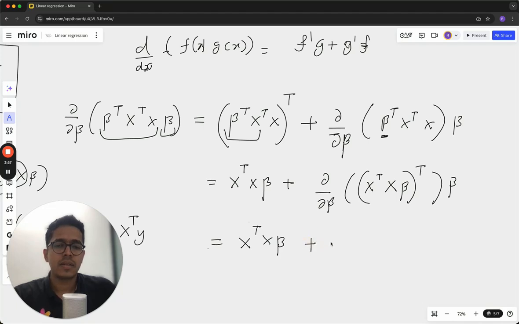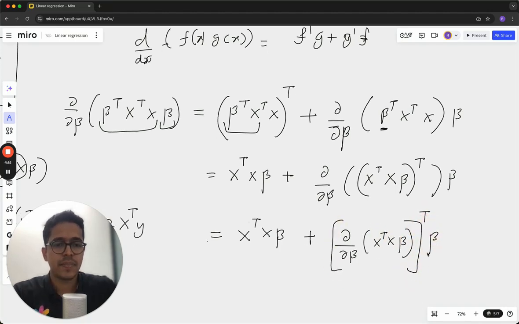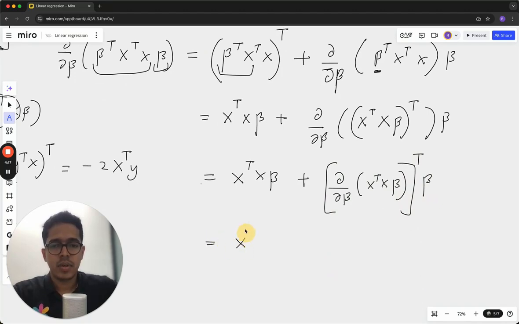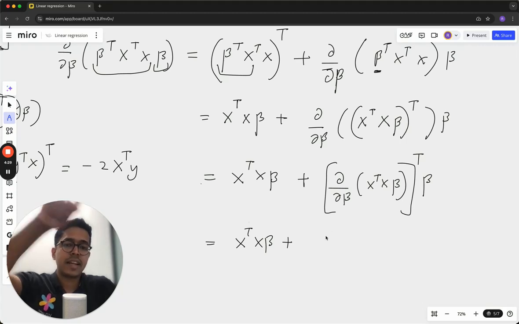plus dou by dou beta of x transpose x beta, the whole transpose beta, which is equal to x transpose x beta plus, now this is again of the form dou by dou beta of a times beta, and this will be a transpose, which is the transpose of x transpose x.